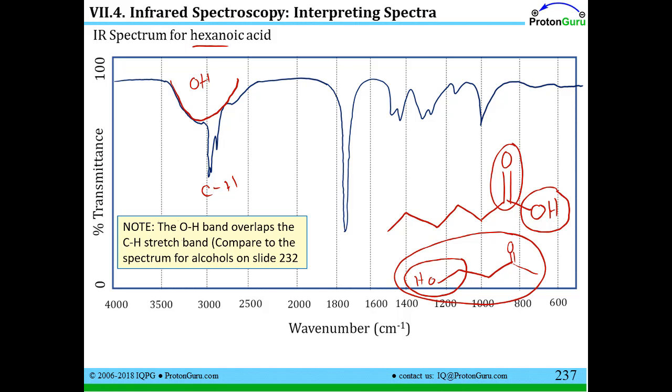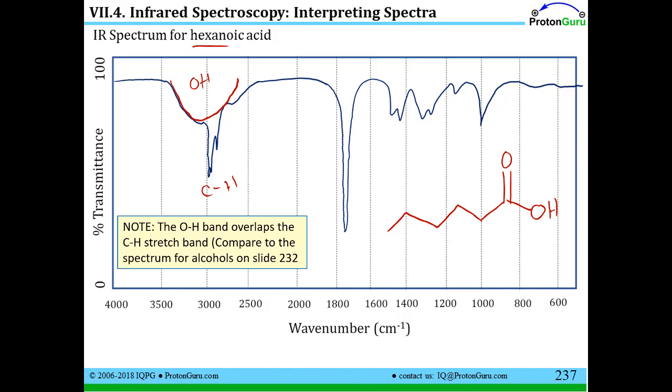That's how we could rule out an isolated alcohol from an OH directly attached to the same carbon as the double bond O. And of course, again, the CO double bond is very polar, comes around 1700, and it's usually very easy to see in the spectrum. So if you see both the CO double bond peak and the OH overlapping the CH region, pretty good indication you have a carboxylic acid.